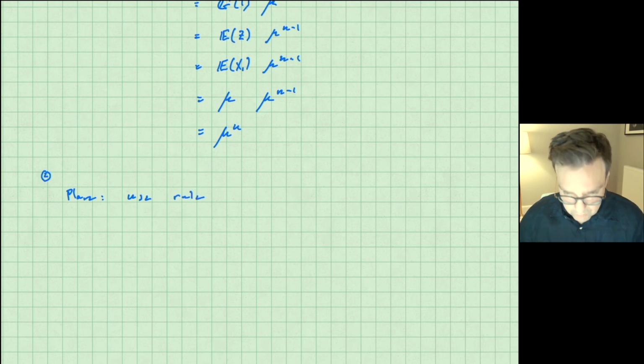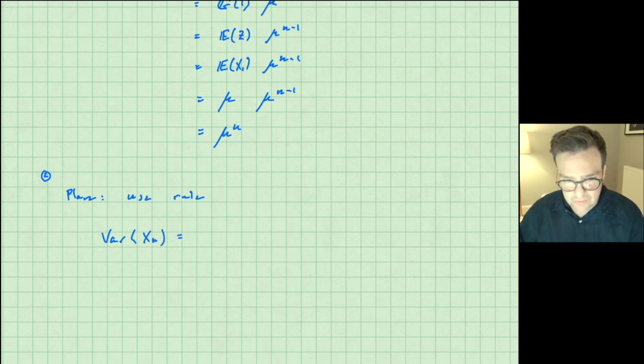I don't remember which lecture it was, but from way back in the preliminaries, that says the following. It says the variance of a random variable, and in this case, the random variable we're interested in is x sub n, you can express that in terms of its PGF and its derivatives evaluated at 1.